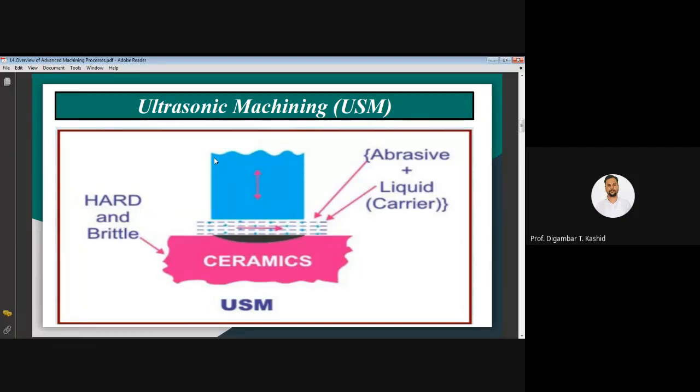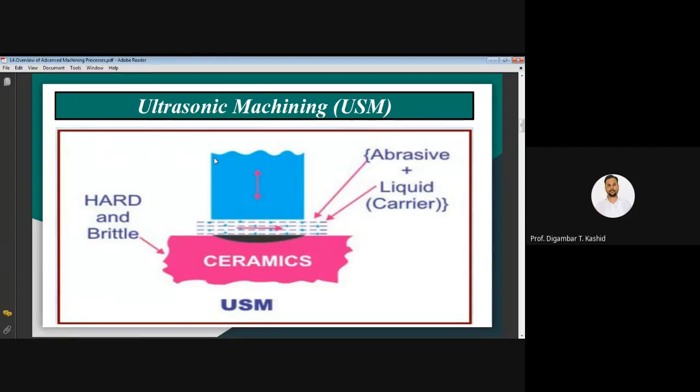Here we are going to use a transducer to get vibrations. Whatever electric energy is supplied, we convert into vibration. Vibration acts as the mechanical domain.